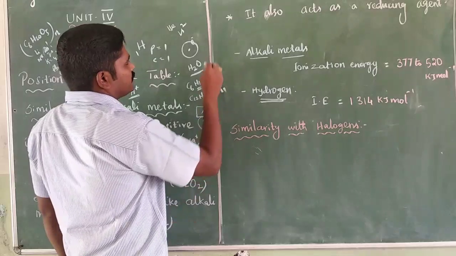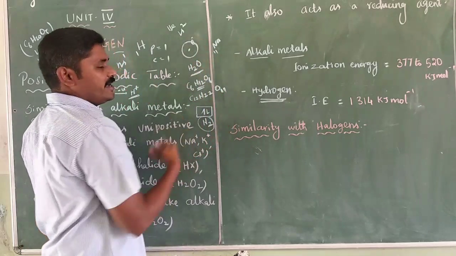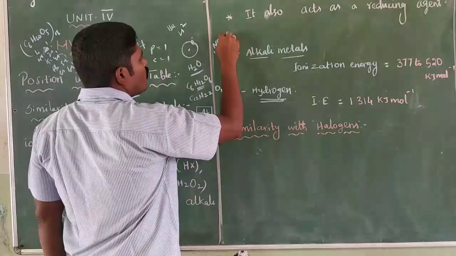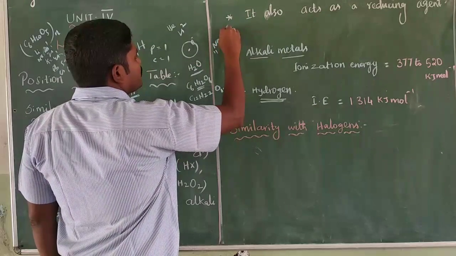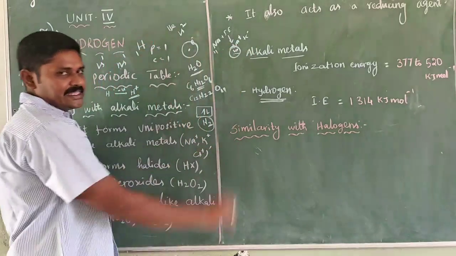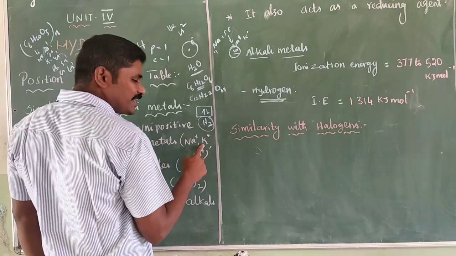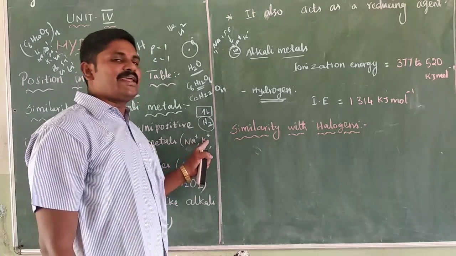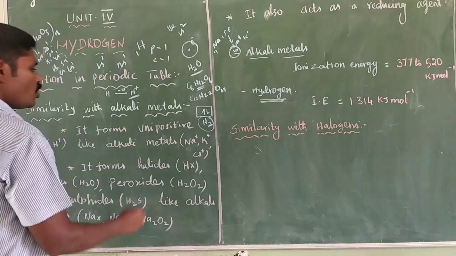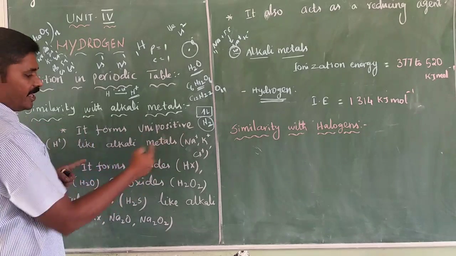In sodium, the size of the atom is larger, the effective nuclear charge is less, and the ionization energy is low, so it easily loses one electron to attain a noble gas electronic configuration. Sodium loses one electron to reach the neon configuration, and potassium loses one electron to reach the argon configuration, forming more stable ions. So hydrogen forms unipositive ions, H plus, like alkali metals.